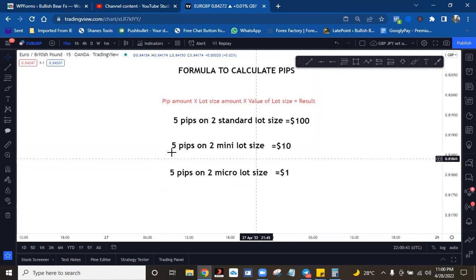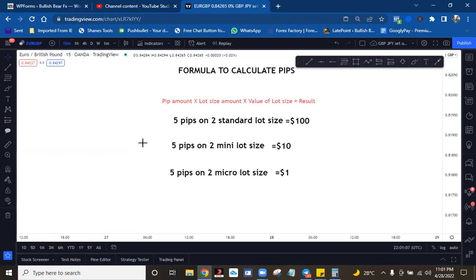Now, a question has arrived from a trader. He said, but sir, I am still yet to understand what a pip is. Some currency pairs have different grading for scales, so I do not really understand how pip is calculated. Pip is calculated the exact way I've told you right now.